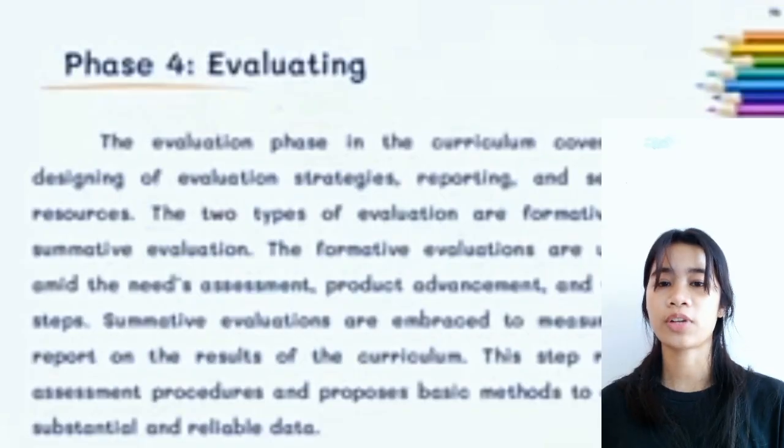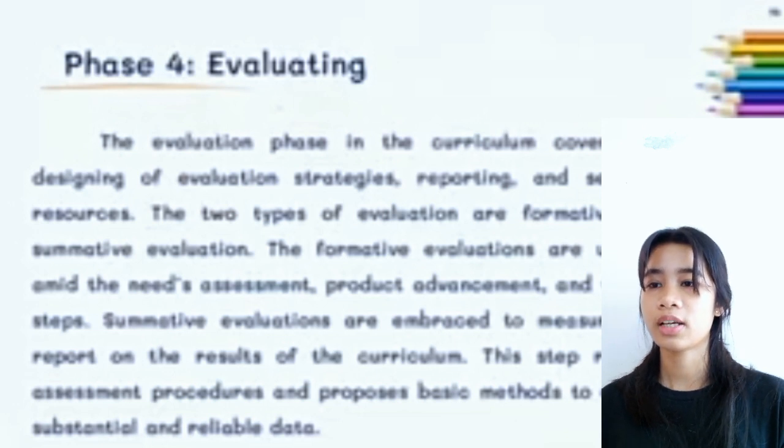Phase 4 is evaluating. The evaluation phase of the curriculum covers the designing of the evaluation strategies, reporting, and securing resources. The two types of evaluation are formative and summative evaluation. The formative evaluation is utilized in the needs assessment, product advancement, and testing steps.